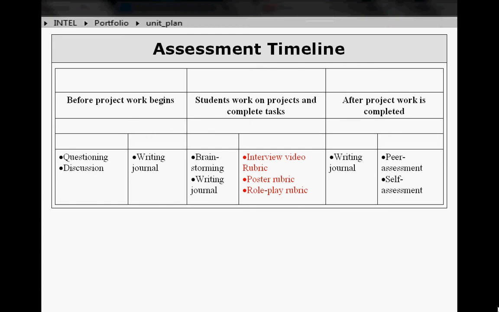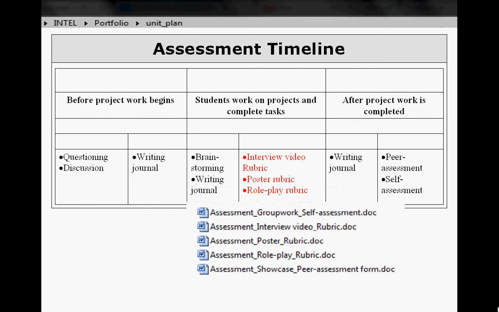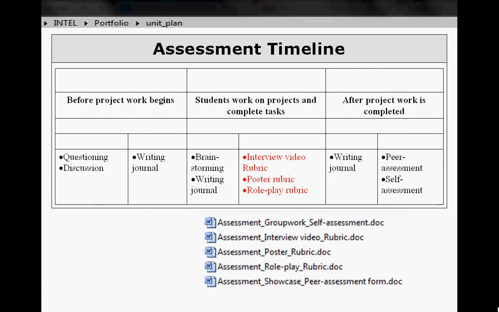They will be marked not only by their final products, but also their drafts to see how far they have progressed from the beginning to the end. And more importantly, to be perfectly fair, the students will be marked by both the teacher and their friends. So that's the unit plan.